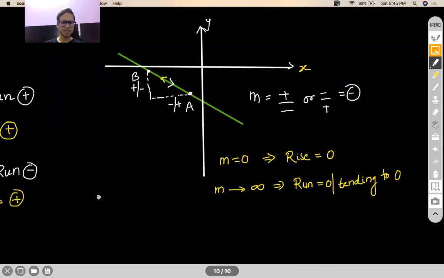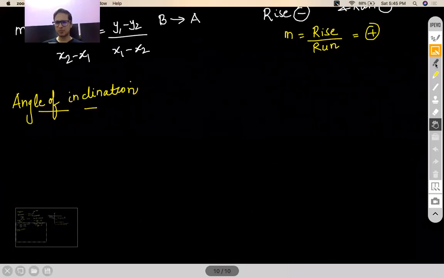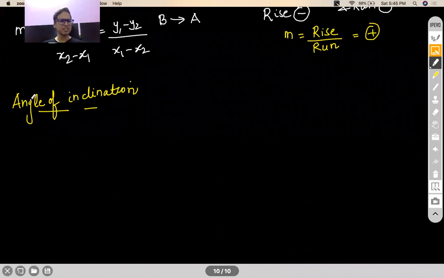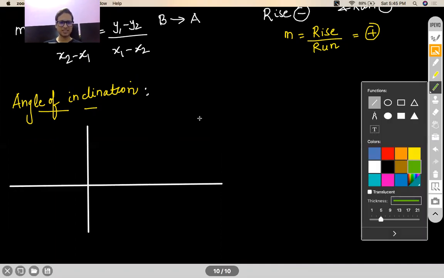Now, let us talk about angle of inclination. You have done this chapter in your school, I believe. Can somebody define angle of inclination for me? Anybody? What is the angle of inclination of any line? So let's say this is my line.